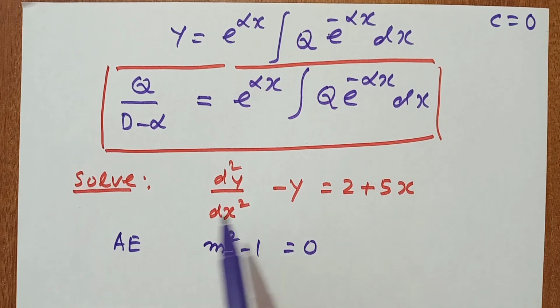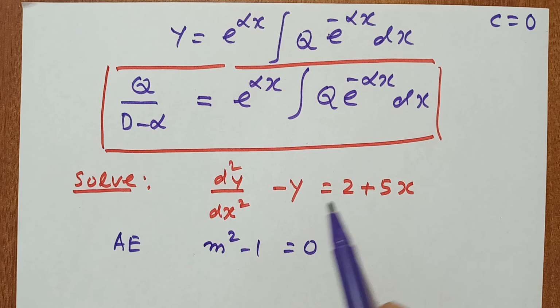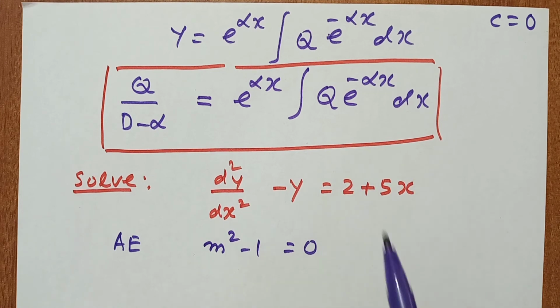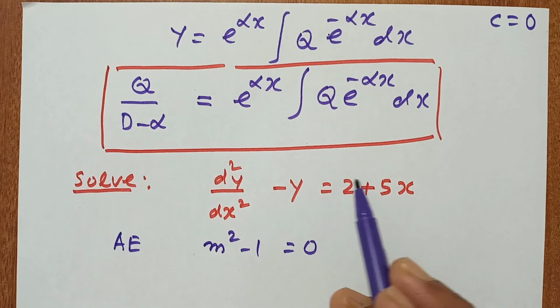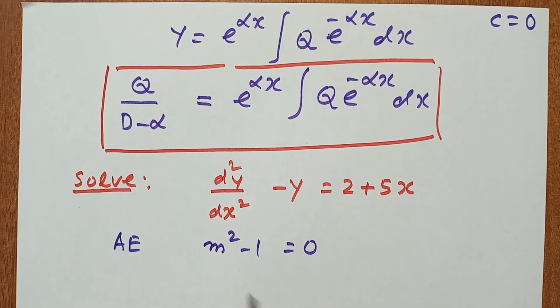Suppose this is a differential equation. Here Q is not equal to 0. So how will we solve? First we put Q equal to 0 and calculate the auxiliary equation, as we have solved previously. So first we calculate m square minus 1 is equal to 0. So here m square is equal to 1, and the values of m are 1 and minus 1.